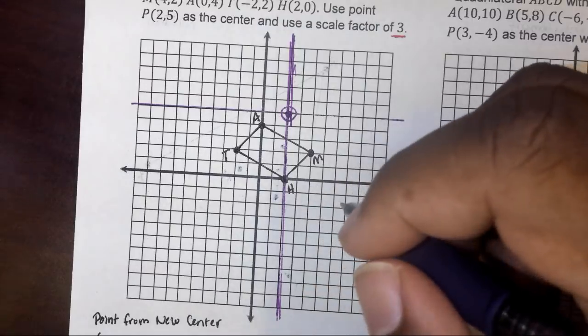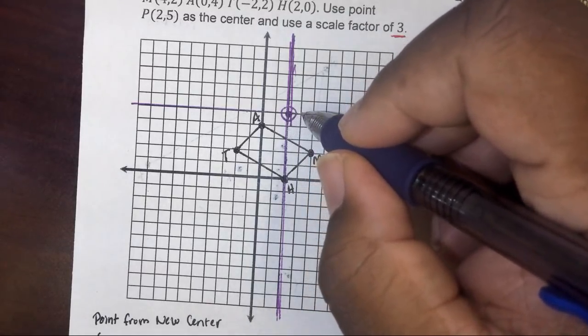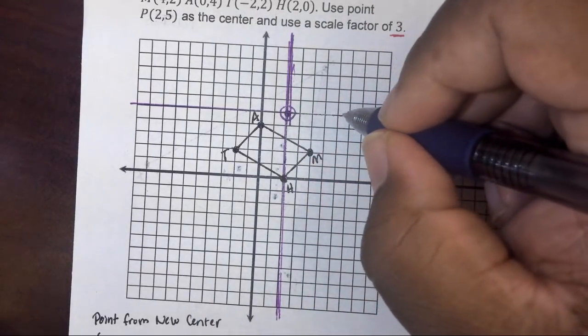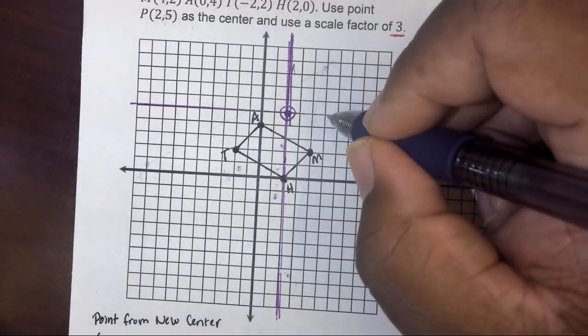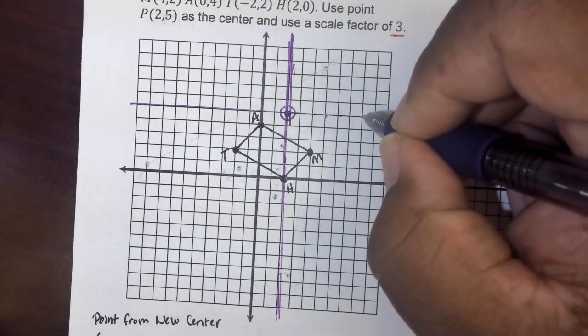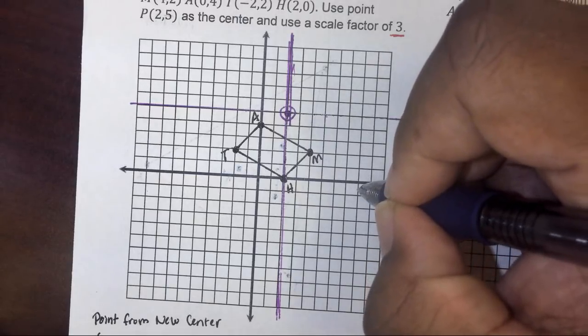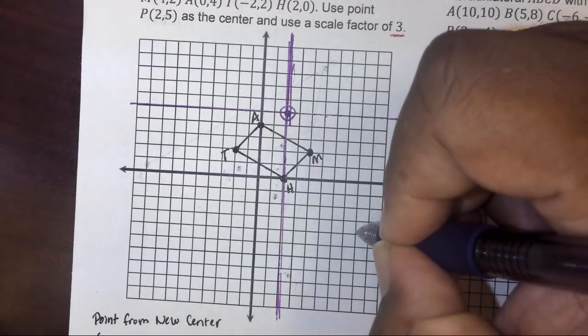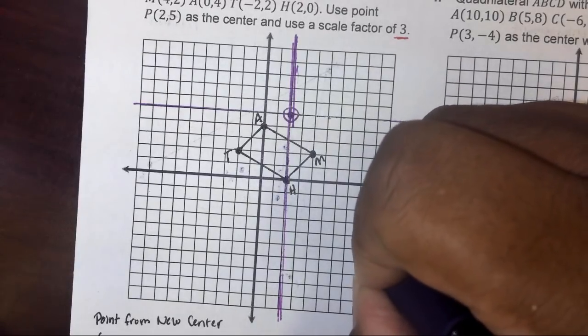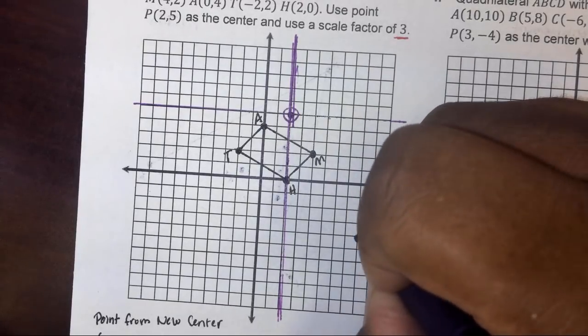All right. So from the new center, I'm going to the right 6. 1, 2, 3, 4, 5, 6, down 1, 2, 3, 4, 5, 6, 7, 8, 9. She'll land here. It's going to be M prime for me.